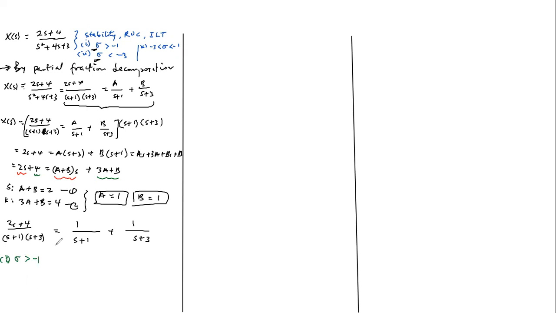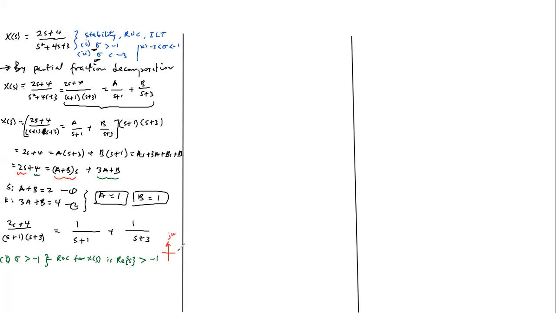If that's what it is, then the region of convergence for X of s is going to be the real value of s, which is greater than minus 1. So by intuition, we know we're going to have a graph that looks something like this.